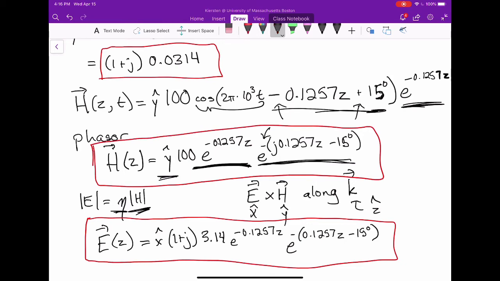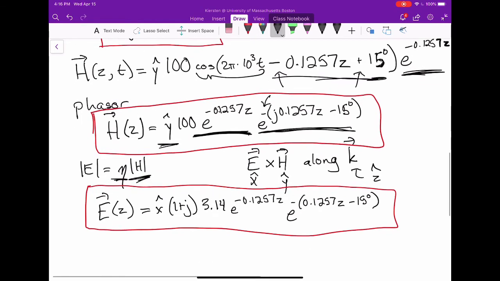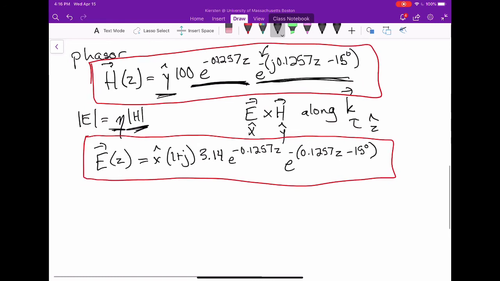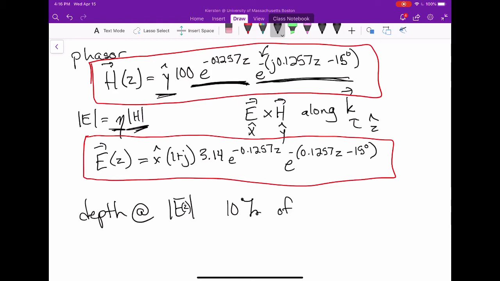And that was part 1 of that example. For the next part, we're asked to find the depth at which the magnitude of E as a function of position is 10% of its original value.